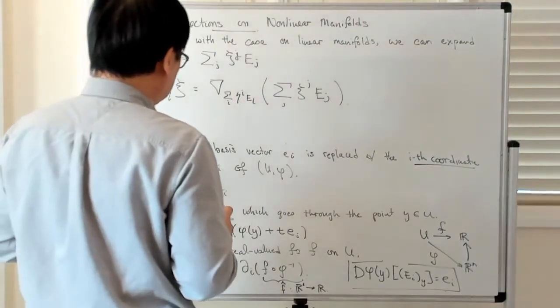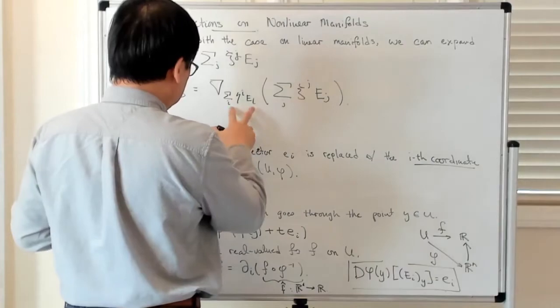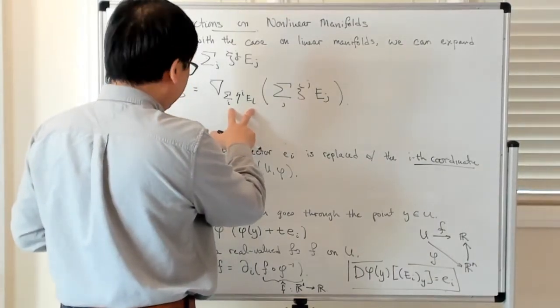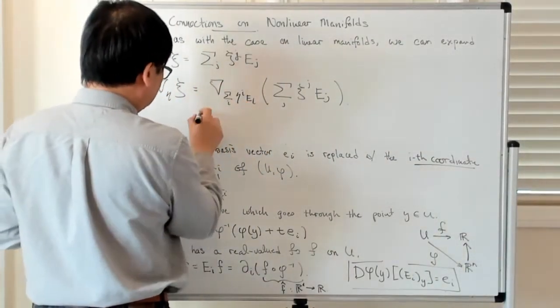Okay, and as before, use the FM linearity in the first slot to take the sum out.